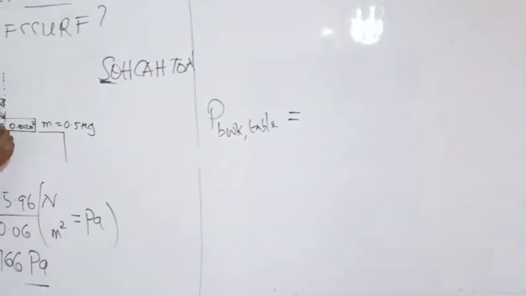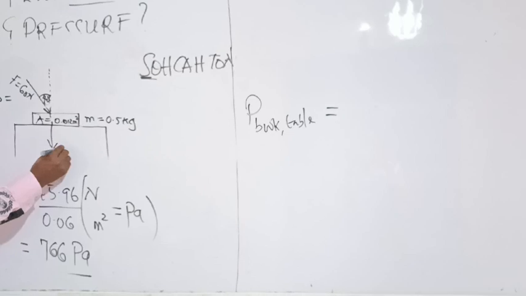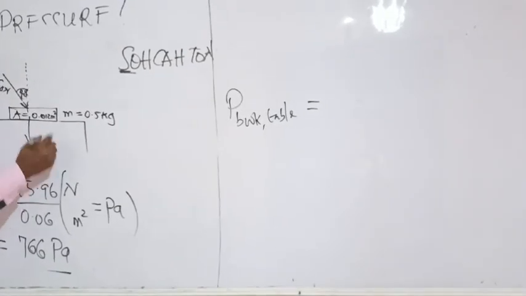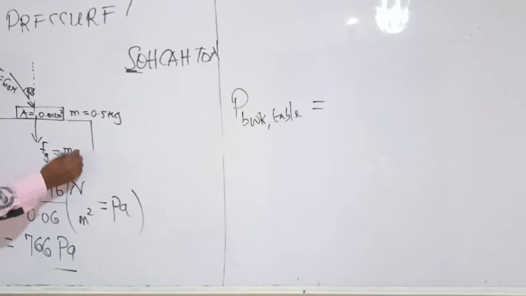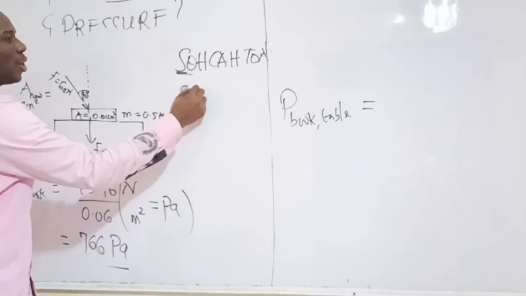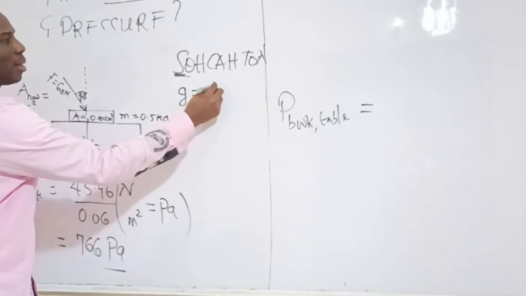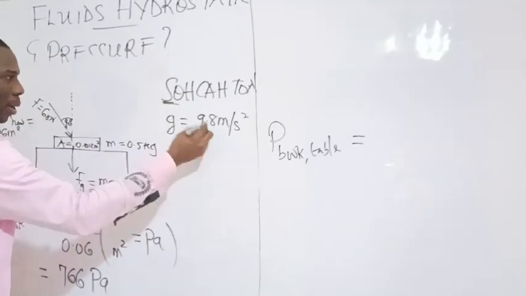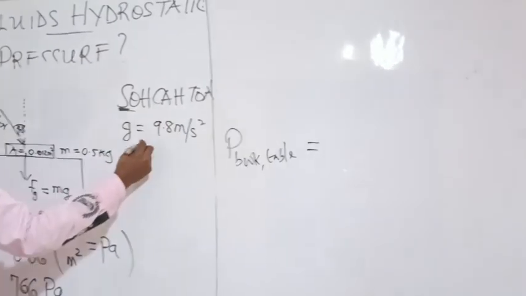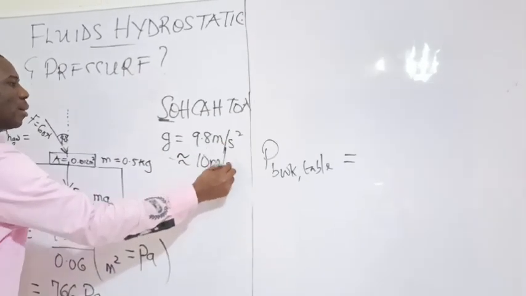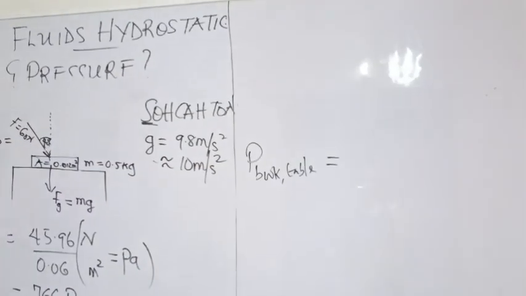The force of gravity pushing down on the book equals the mass of the book times the gravitational acceleration. So g is 9.8, or 9.81, which is roughly 10 meter per second squared.